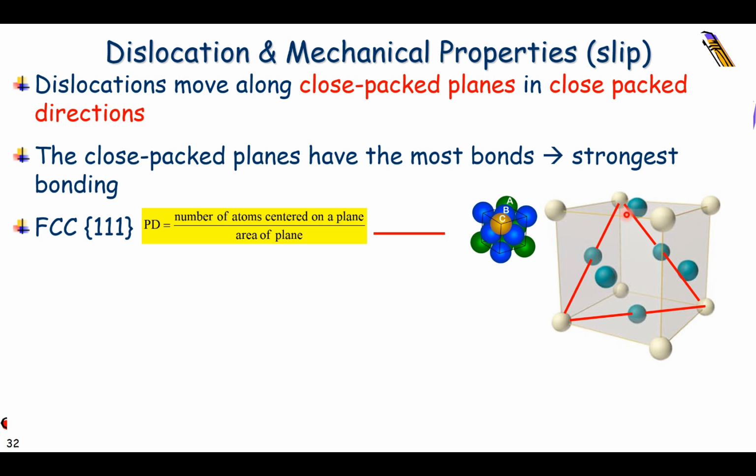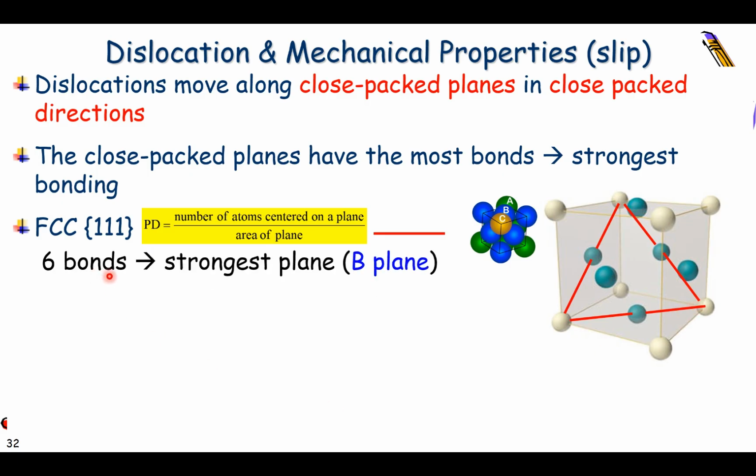This is the close-packed plane, where the bonding energy is very strong, so it is difficult to break these bonds. The six bonds create the strongest plane, the close-packed plane.